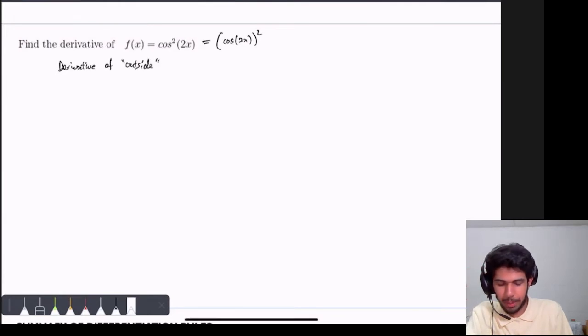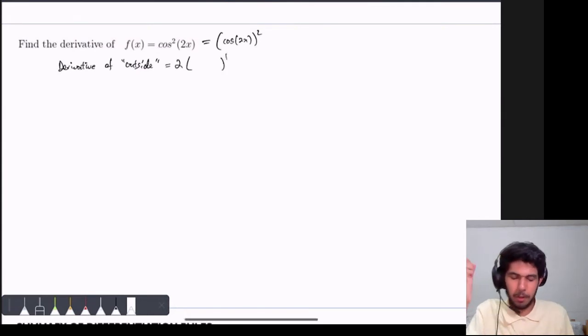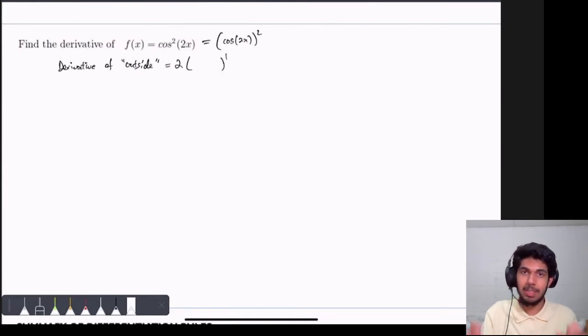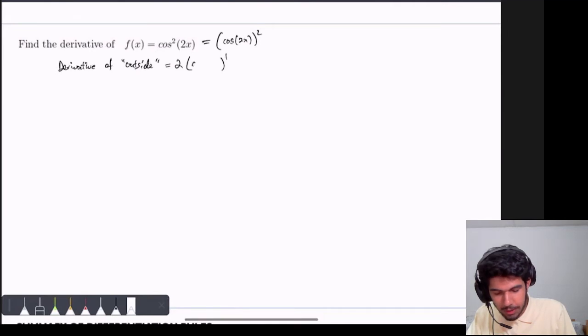Well, that's just a simple power rule, so we bring down the exponent, and then we multiply it with something, and then we decrease the power by 1. So what is that something we multiply it with? Well, that would be the inside, right? What is being squared? That would be cosine of 2x.